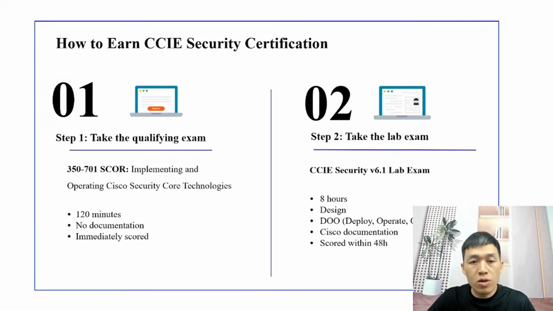We just talked about the written exam, and now we look at the second one, the lab exam. It is called the CCIE Security version 6.1 lab exam. It is an 8-hour hands-on exam containing 2 modules.